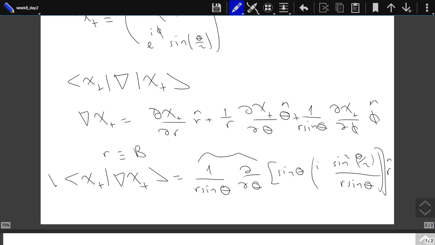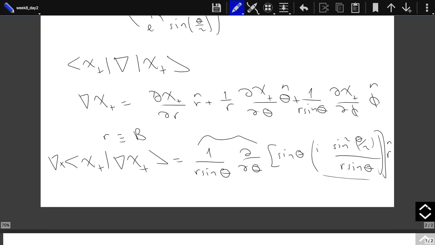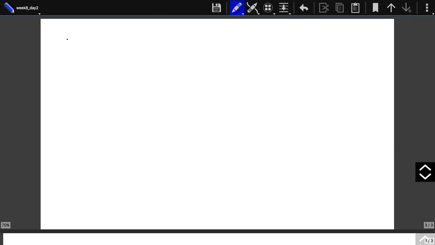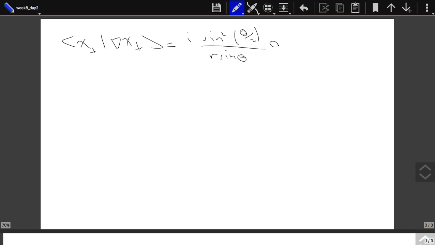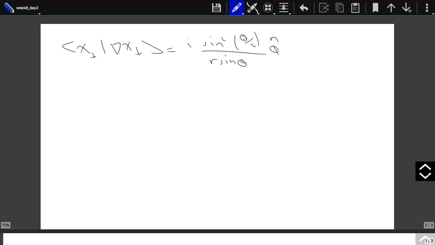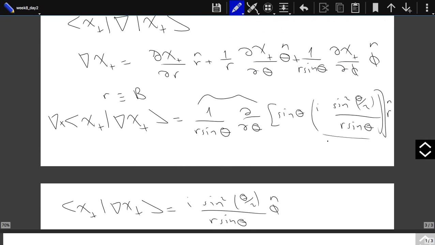This is the curl. This is from the curl. This is from the gradient. Now this part, you can just look up in the book also. This is the matrix element of the gradient. Here, the remaining is the definition of the curl. And you can just simplify this, and this just becomes i over 2r squared r hat.